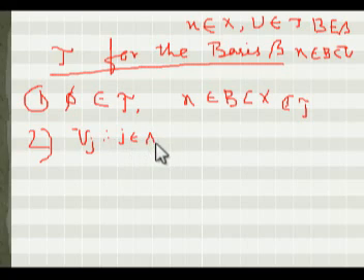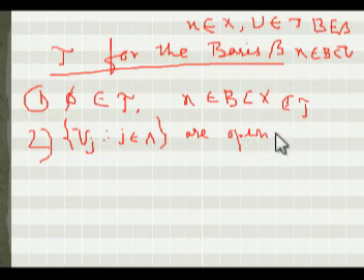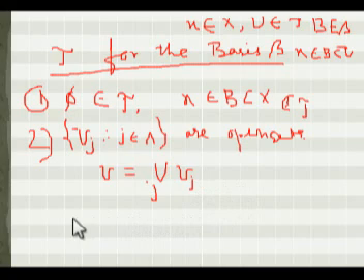If these are open sets, we will take the union U as the union over j of Uj.